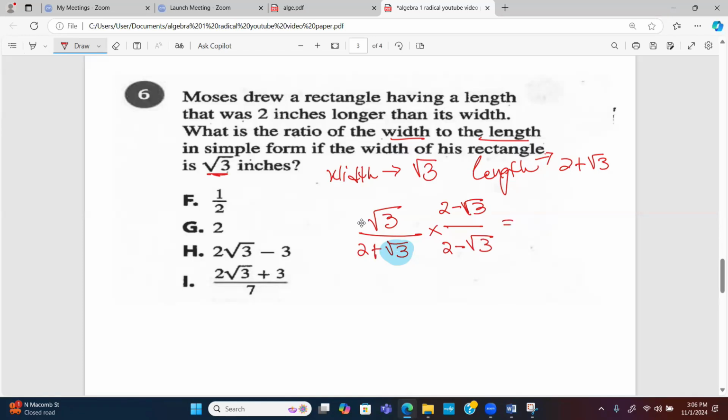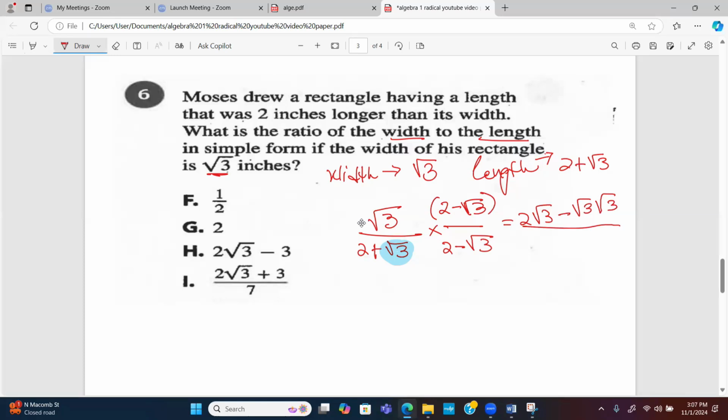Let's take a look at my numerator. At my numerator, what I have is the square root of 3 times this. But remember that this is a binomial. So I'm going to have 2 square root 3 minus square root 3 times square root 3. That's what I have at the top.